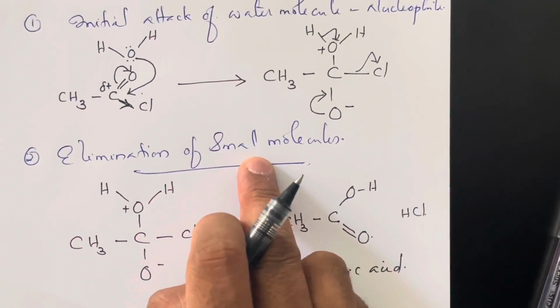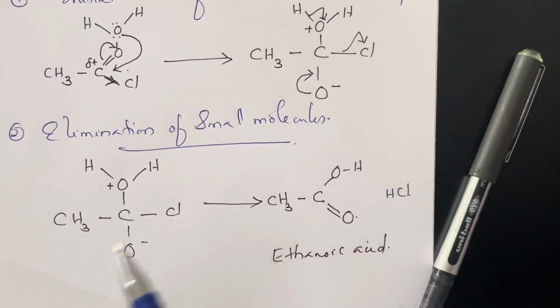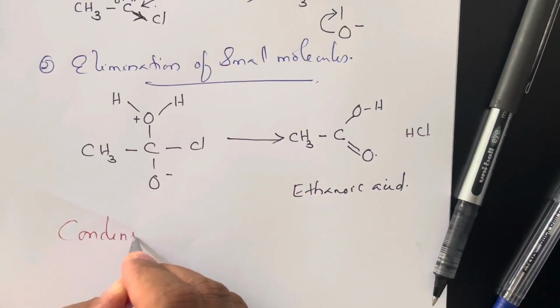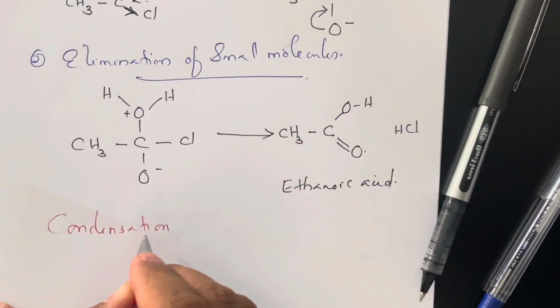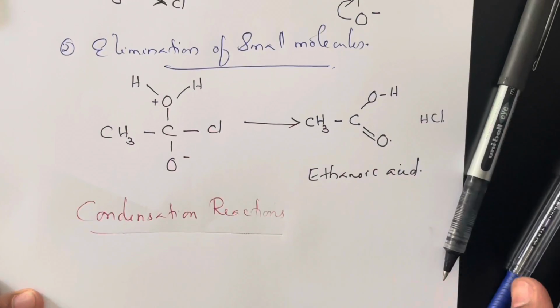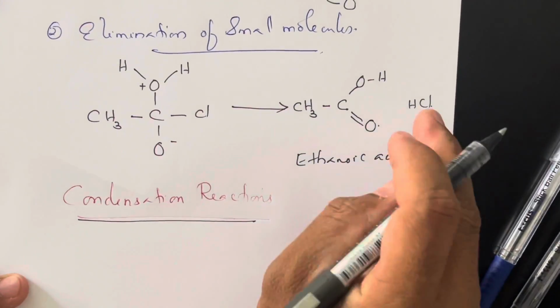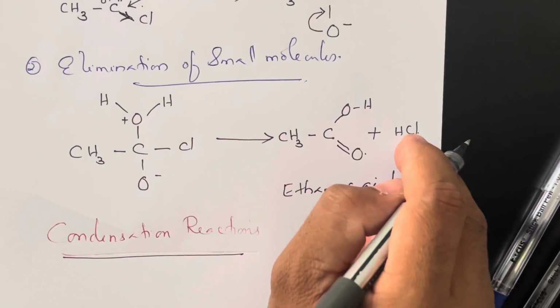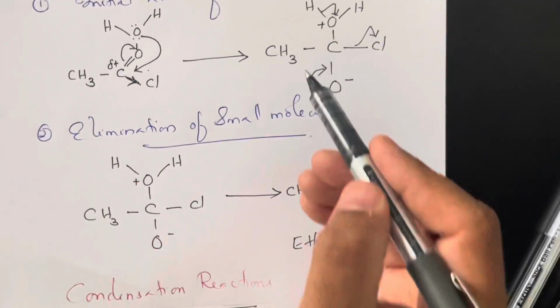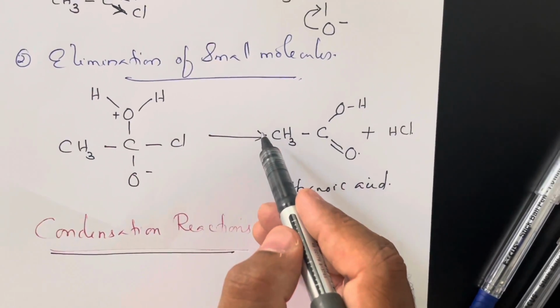This hydrolysis is classified under the category of condensation reaction. We already know about condensation reactions. In a condensation reaction, small molecules are eliminated. Look at this case: here HCl, a small molecule, is eliminated. So initially one addition reaction takes place, then one elimination reaction takes place.